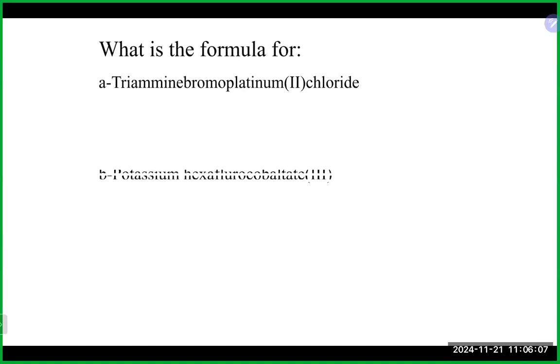Fun with names. All right, let's try these last 2 to finish it up. Do formulas for each of these. Okay, so let's take a look since we're getting to the end here. We're just going to build what we need to write. I do know that my complex ion is going to be positive here because I see the metal part of the name and the metal's regular name coming first.